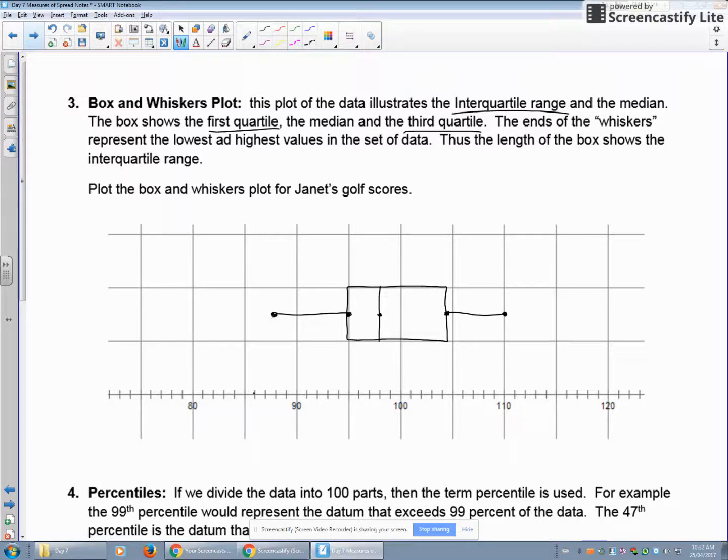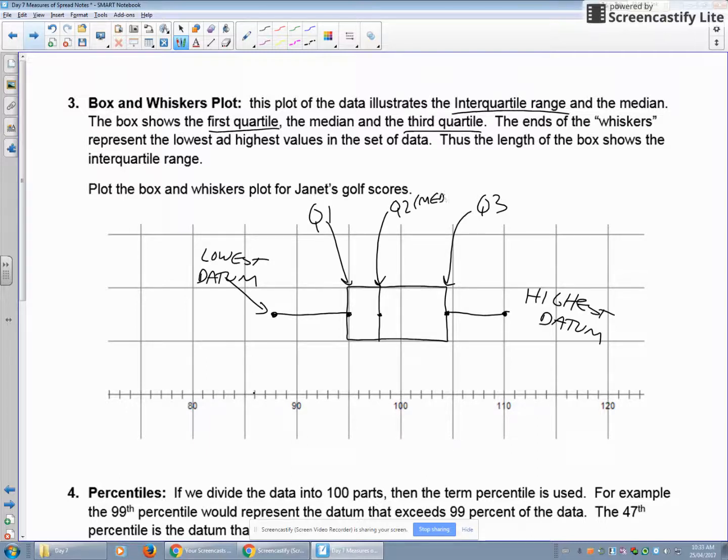So our data points, this is our lowest datum, our highest datum, our Q1, quartile 1, our Q3, our quartile 3, and our Q2, or median. And this is a way that statisticians like to represent data.